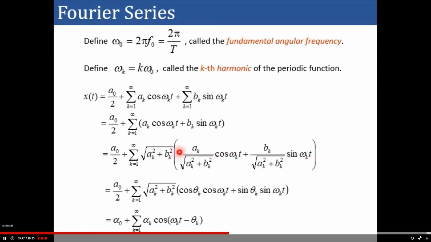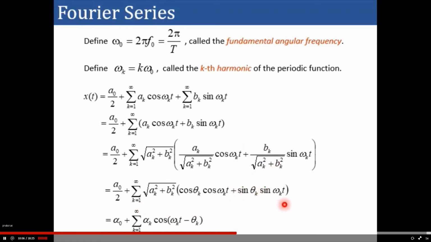Now let's assume that a_k upon root of a_k square plus b_k square is equal to cos theta k. Similarly, b_k upon root of a_k square plus b_k square can be simply written as sin theta k.